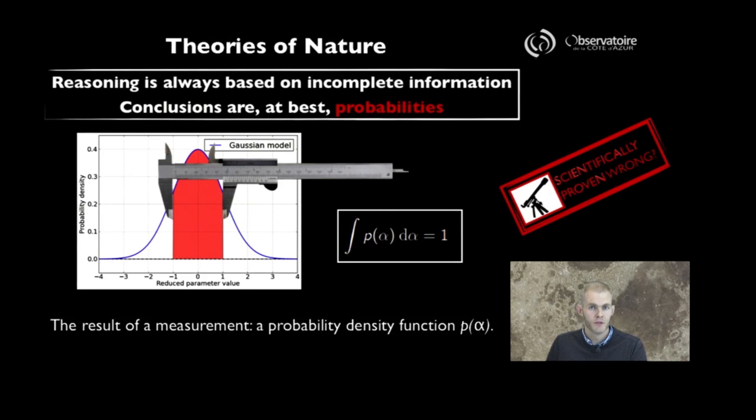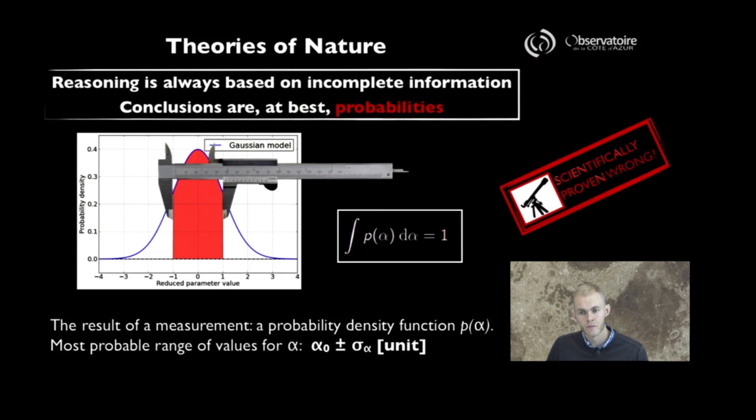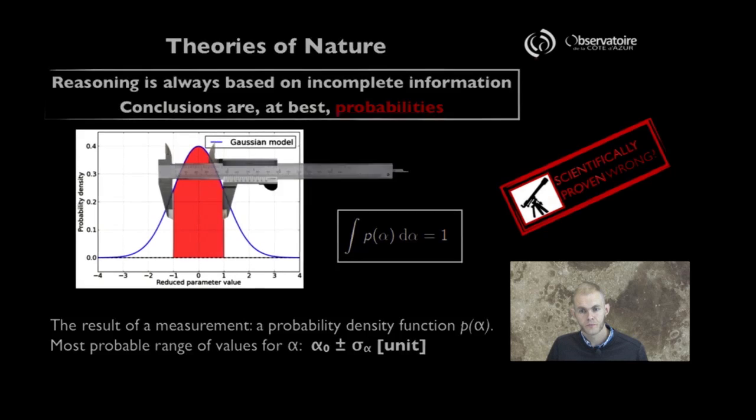Because every measurement is associated with some level of uncertainty, in the end, a measurement is some parametric probability density function, and the only thing we are really able to produce is a most probable range of values, and that has a finite probability.